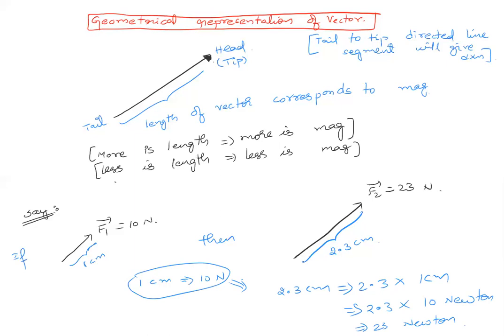This is the geometrical representation, where if this is some vector a bar, mod a bar is your length. Your length corresponds to magnitude. Any doubts, feel free to ask.